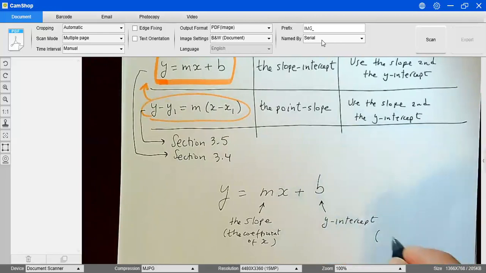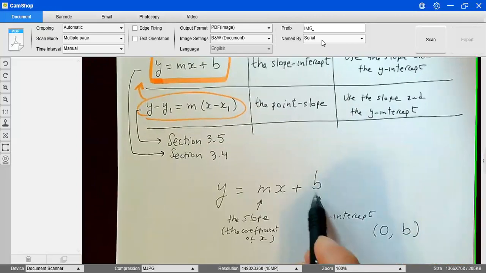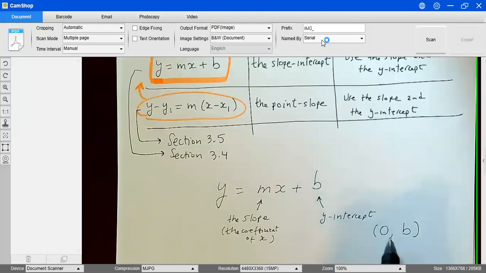So you express the y-intercept as 0, b. So the point where the y-intercept is has coordinates 0, b.